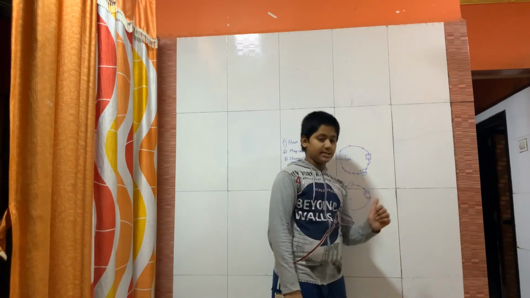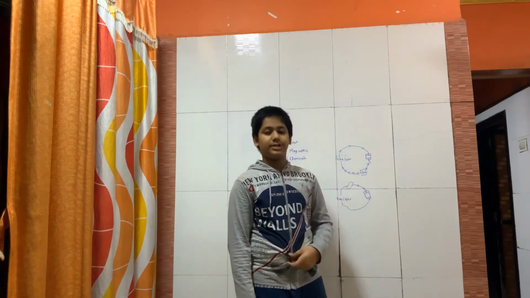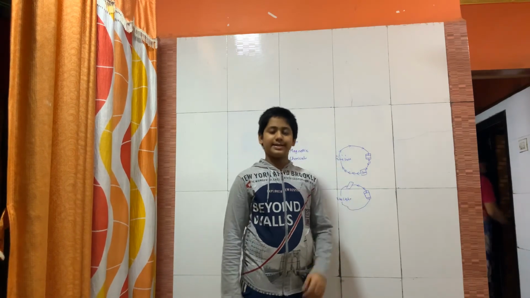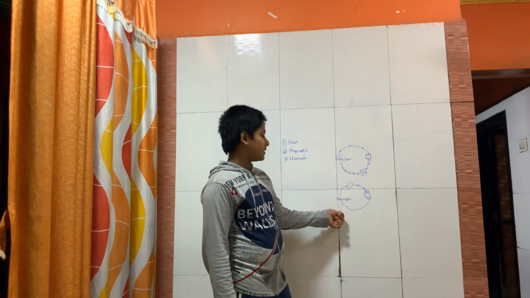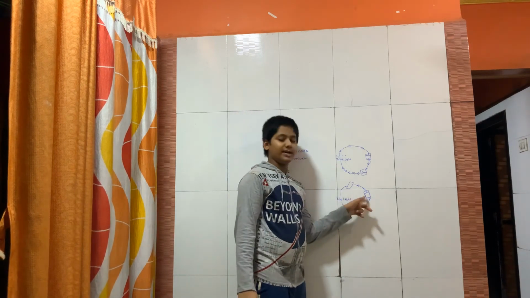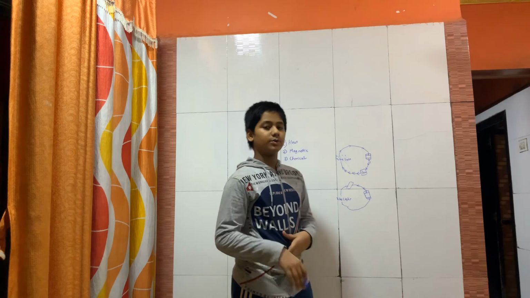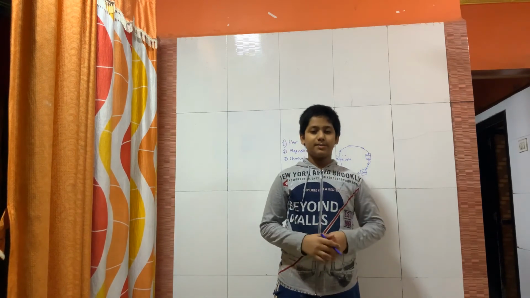So this rubber is not a good conductor of electricity. That is why the bulb is unable to glow. This rubber does not have the ability to conduct electricity and make the bulb glow.